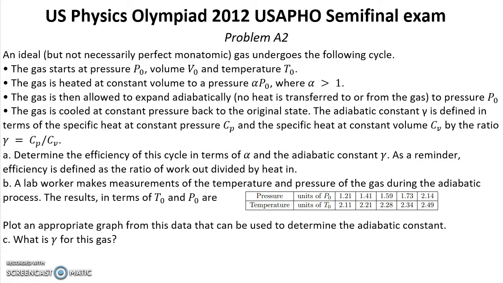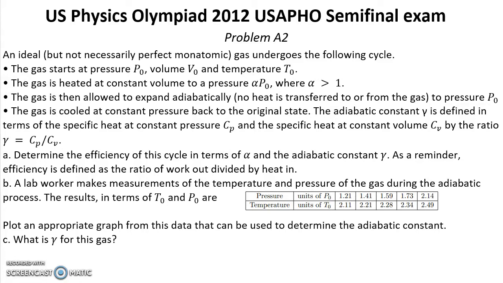The adiabatic constant gamma is defined in terms of the specific heat at constant pressure Cp and the specific heat at constant volume Cv by the ratio gamma equal Cp over Cv. Questions. A. Determine the efficiency of this cycle in terms of alpha and the adiabatic constant gamma.